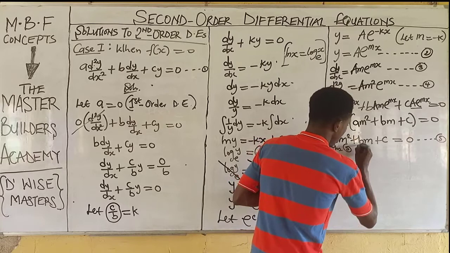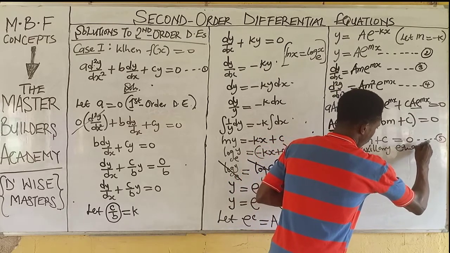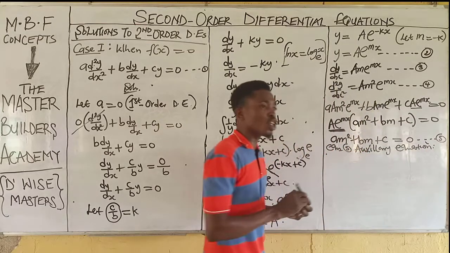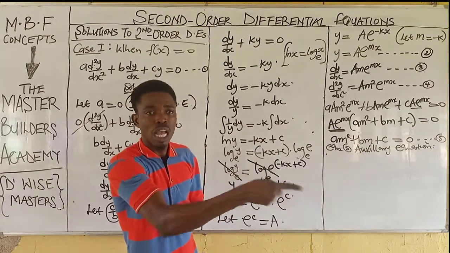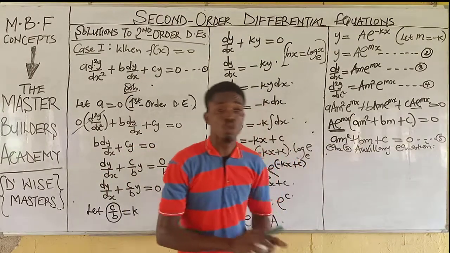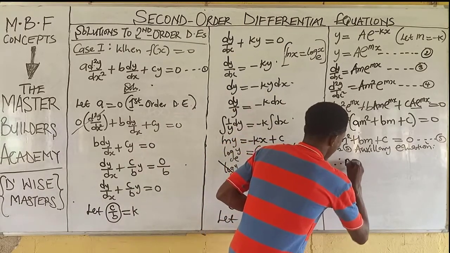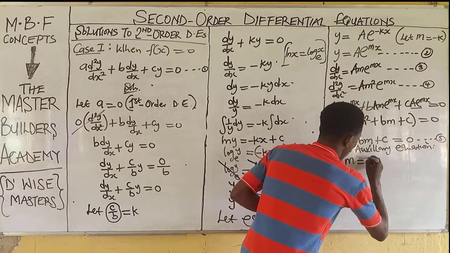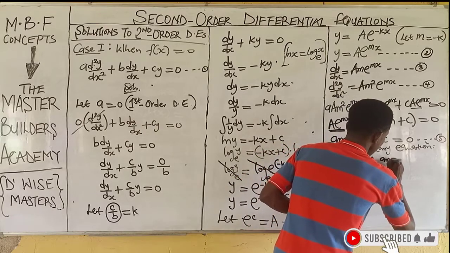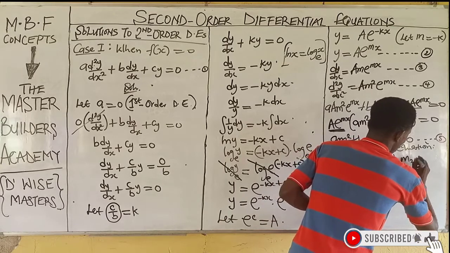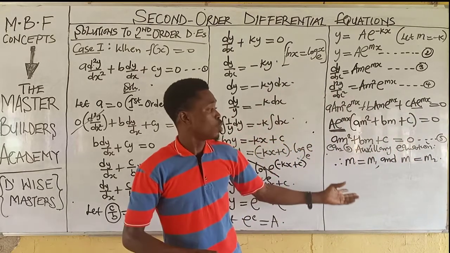Equation 5 is what? The auxiliary equation. So from the auxiliary equation, that is when you get your final solution or the general solution. And now that we know that the auxiliary equation is quadratic, that means we are going to obtain two results from here. Therefore, the value of m is equal to m1, and m is also equal to what? m2, because we are going to have two values for m.